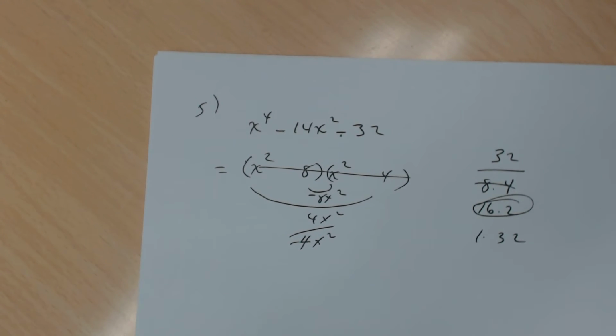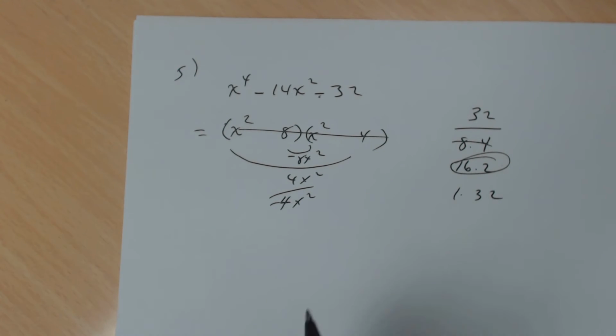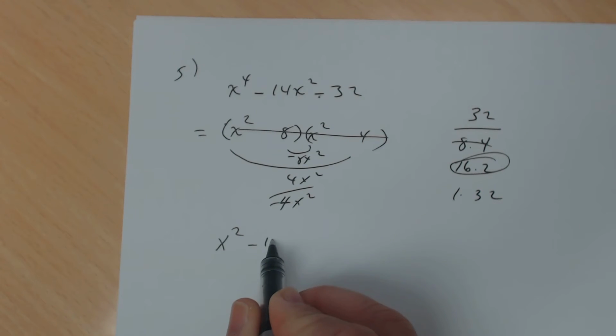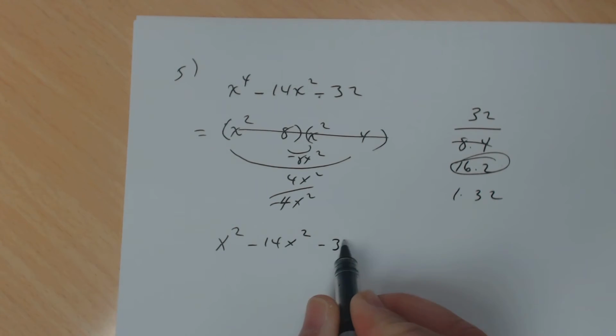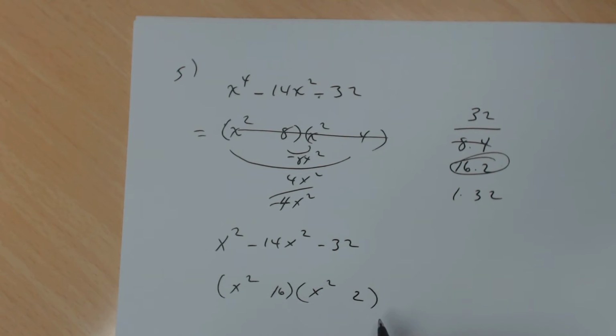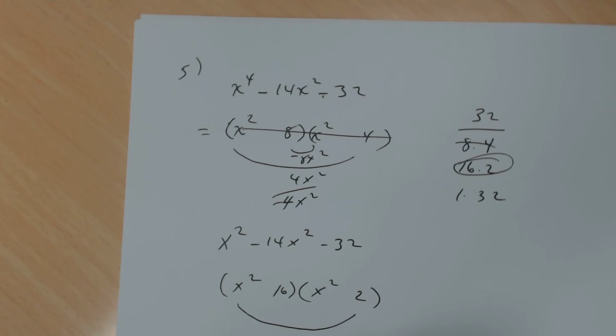So let's try the 16 and 2. If I try the 16 and the 2 this time, I'm going to get x squared, 16, 2. The outer is 2x squared. The inner is 16x squared.